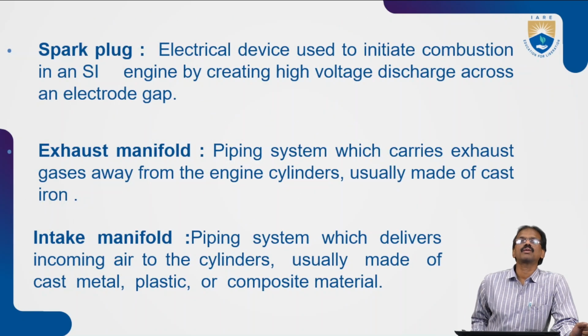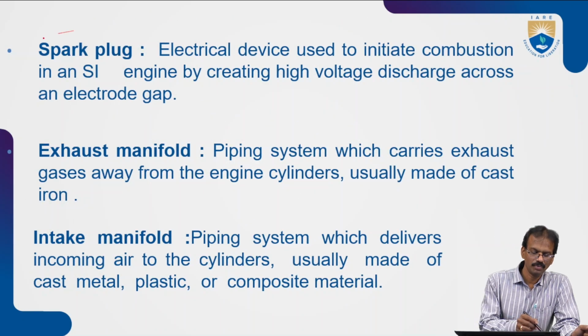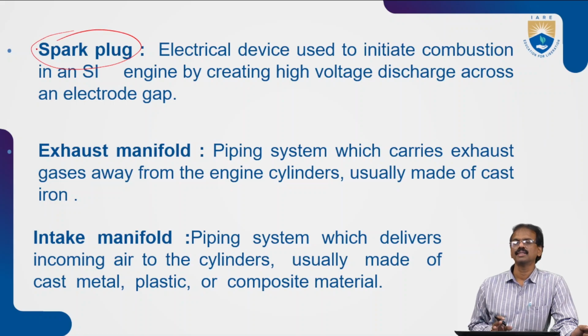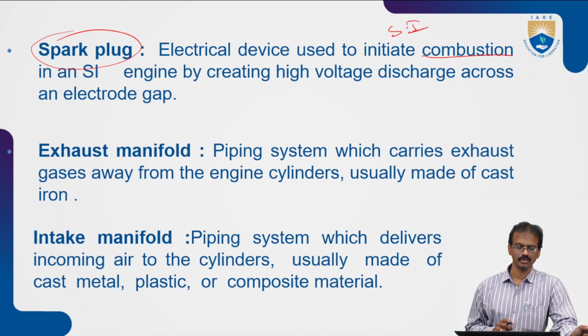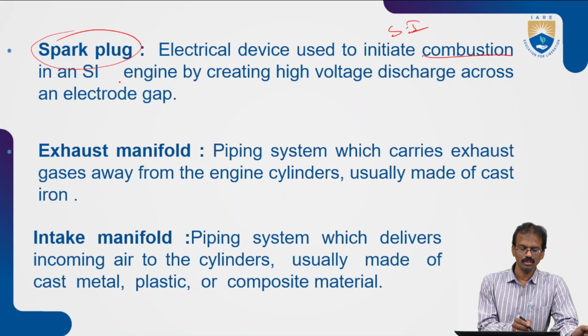Next one is the spark plug. It is very important. It is used only in SI engines, spark ignition engines. It is the electrical device used to initiate combustion. Combustion takes place by spark ignition, so the spark plug gives the spark for igniting the air-fuel mixture.